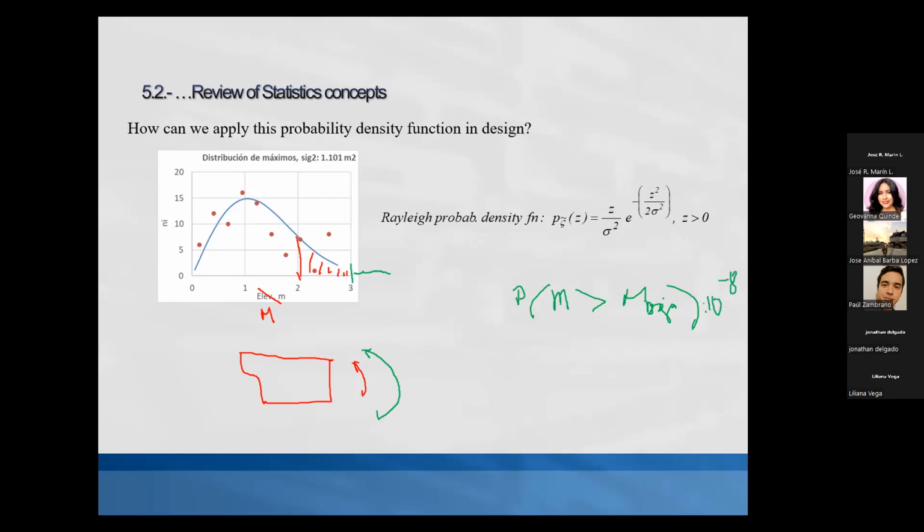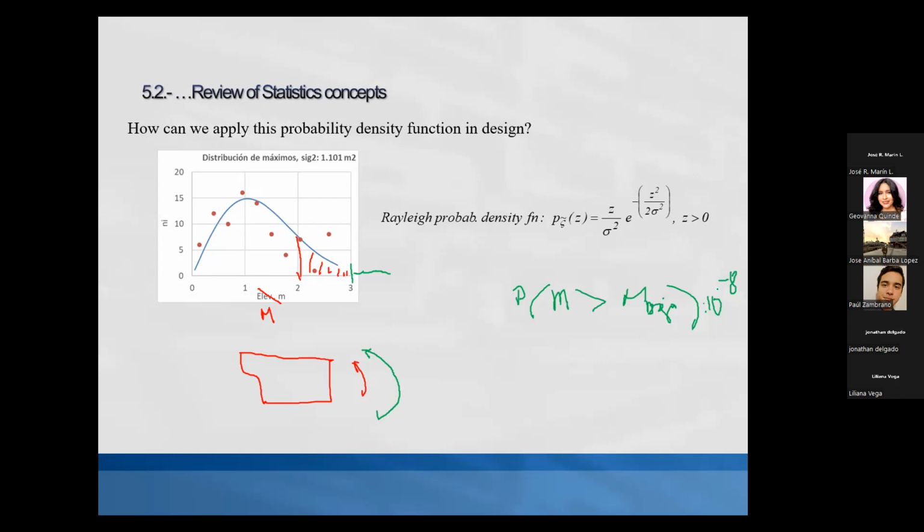So this is a very small probability. In general, we can consider that if we follow the classification rules, the probability of facing a situation that develops a larger bending moment is going to be very small.